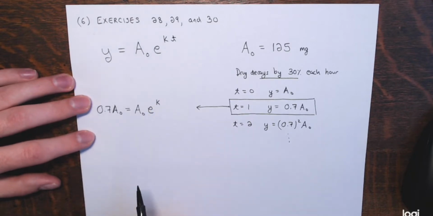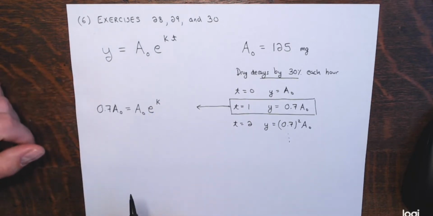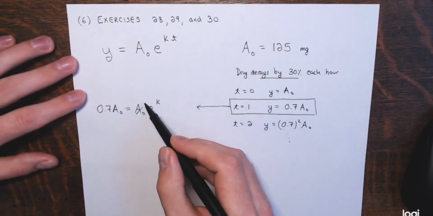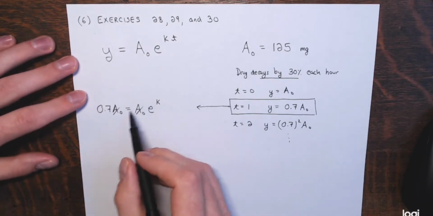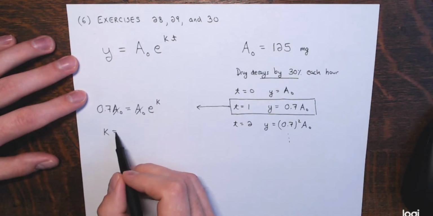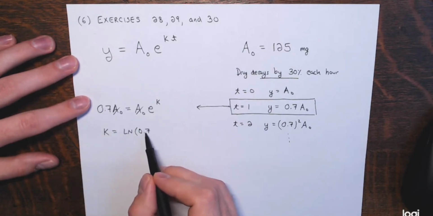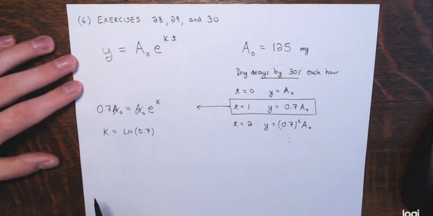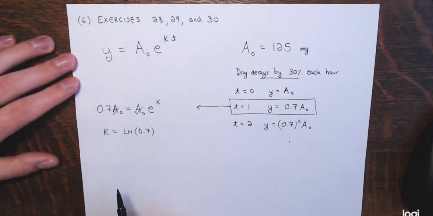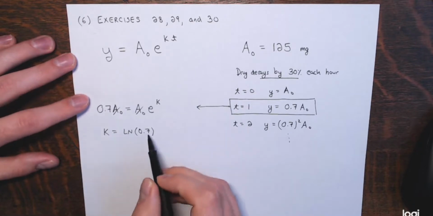Time is in hours here, don't forget. So I divide both sides by a0, change to log form. So the value of k is the natural log of 0.7. You could put in an approximation if you want, but I'm just going to pop this in.